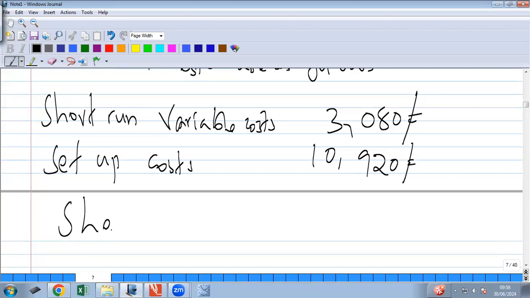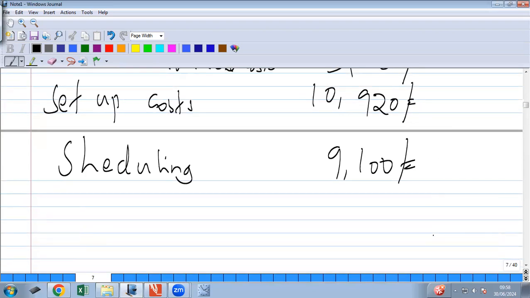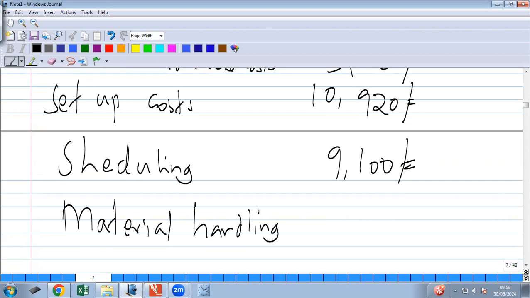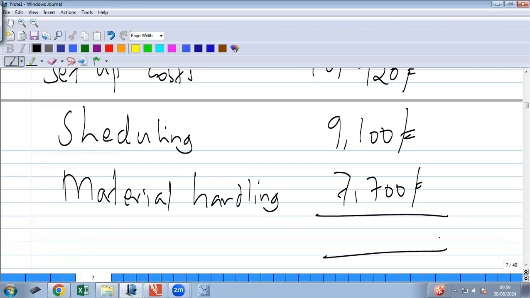We have shadowing, we have 100 shillings. We have material handling of 7,700 shillings, giving us a total of 3,800. You can confirm that total on your calculators.